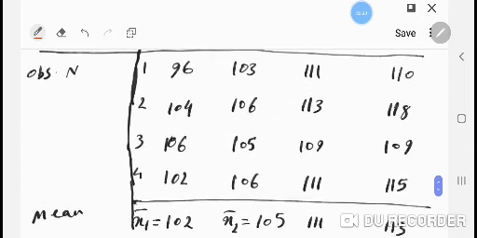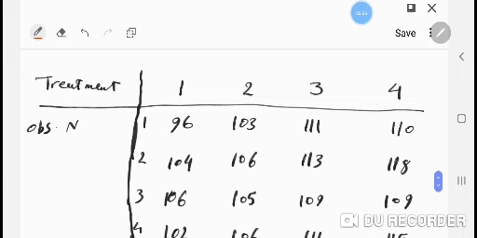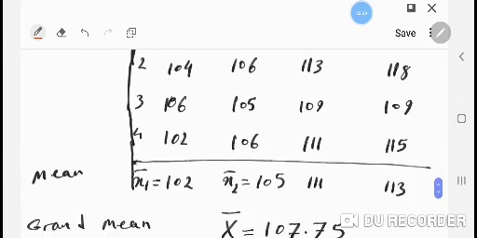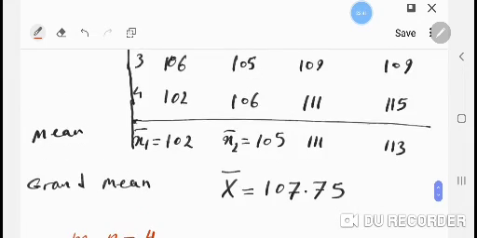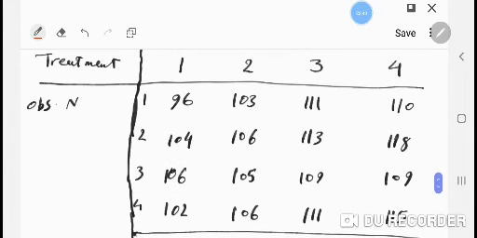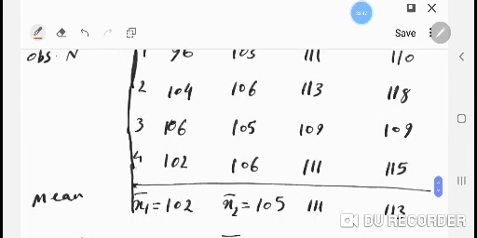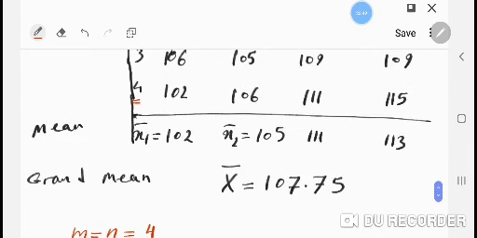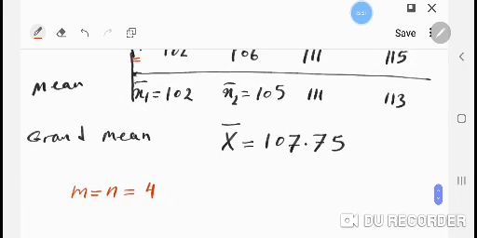M is the number of treatments, that is 4 treatments, and N is the number of observations of any treatment, that is 4 observations for any treatment.